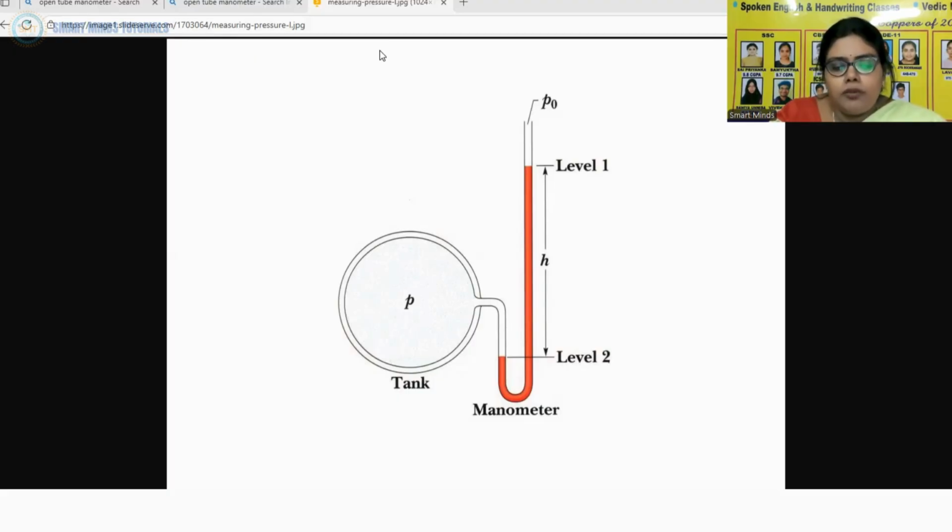One end of the tube is open to the atmosphere and the other end is connected to the system whose pressure we want to measure. The pressure P at A is equal to the pressure at point B. What we normally measure is the gauge pressure, which is given by P minus P naught, and it is proportional to the manometer height H.